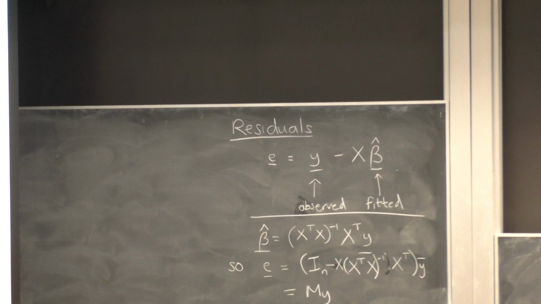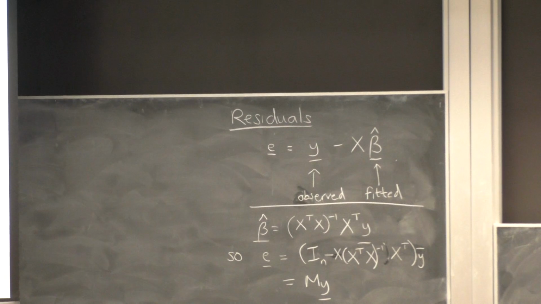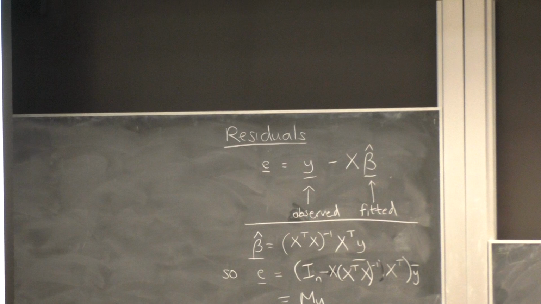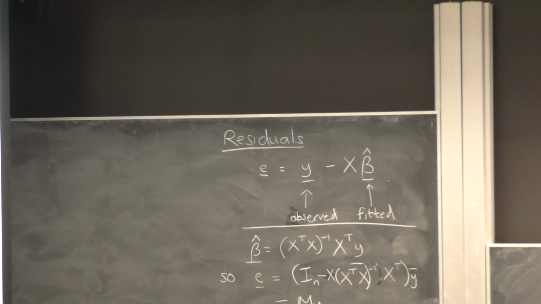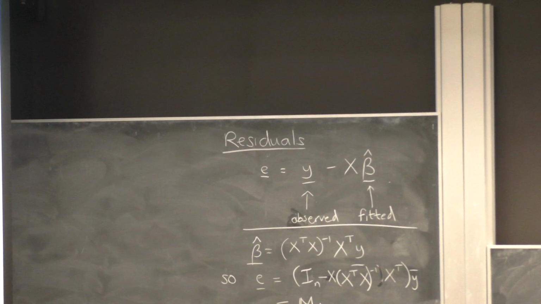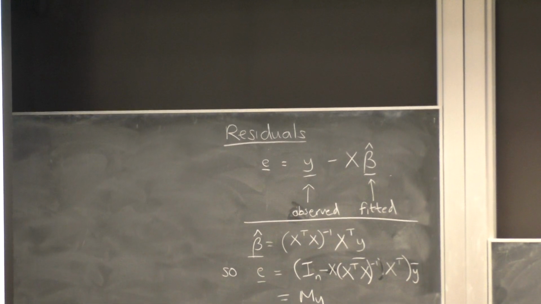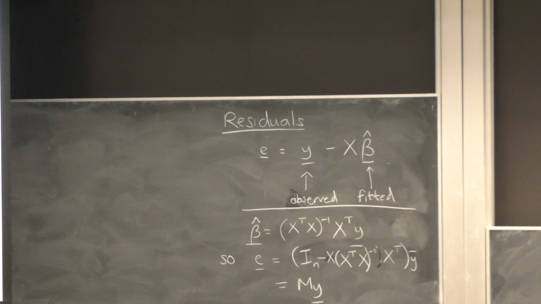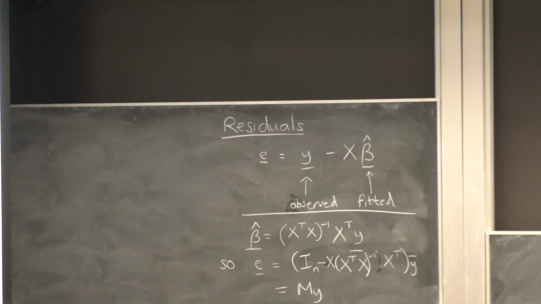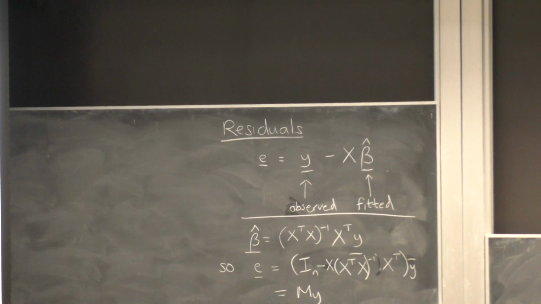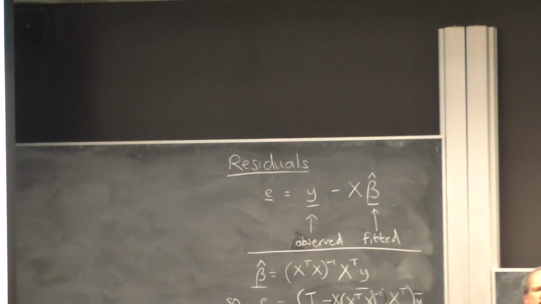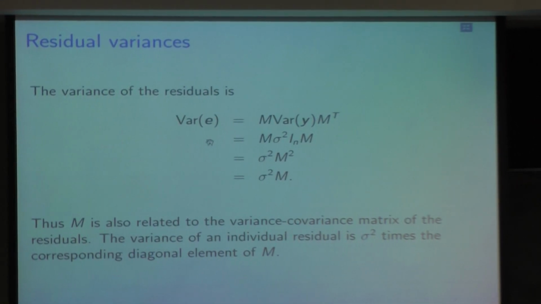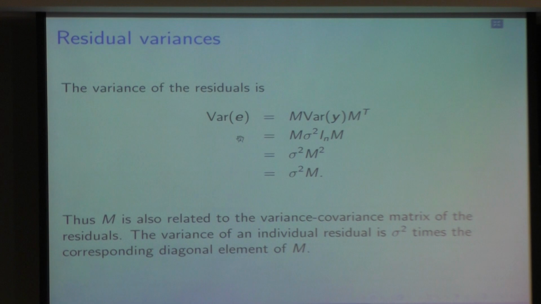In particular, M times the design matrix x is 0, and M is an idempotent matrix, which means that M squared is actually equal to M. Task 2 in the notes is where you can check that M squared is genuinely equal to M and Mx equals 0.